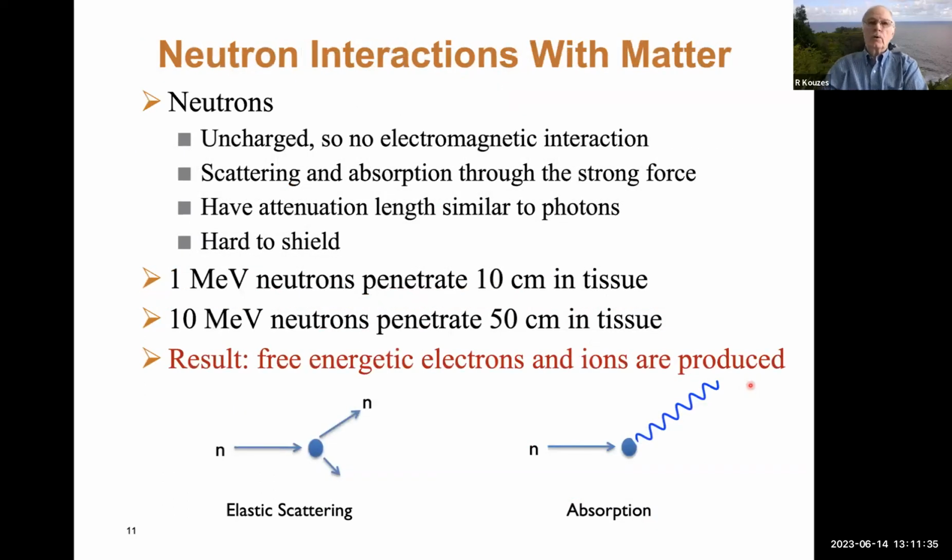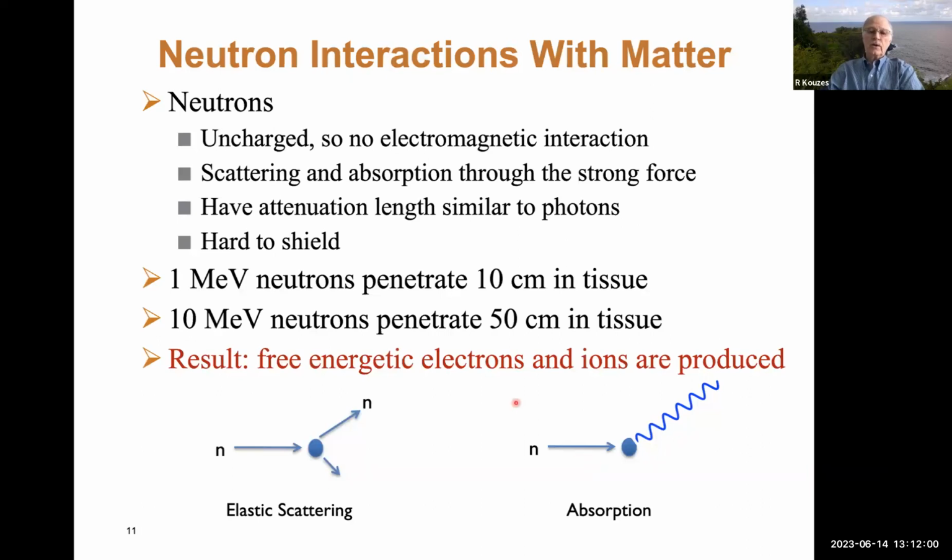Neutrons are not charged, and so they interact through the strong process by hitting a nucleus and elastically scattering or being absorbed by a nucleus. In the process, again, they end up emitting energetic particles, for example, energetic protons, or photons from absorption.